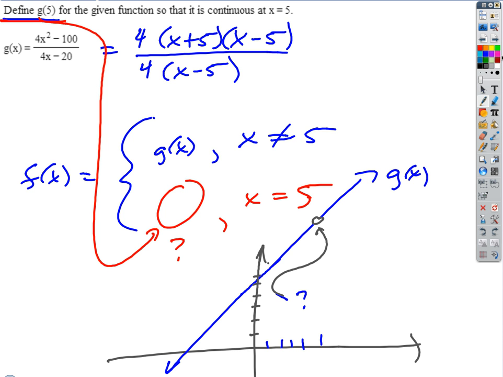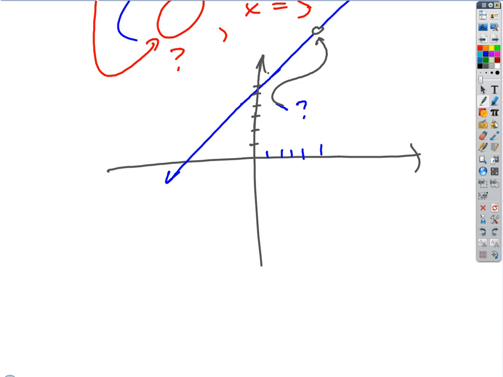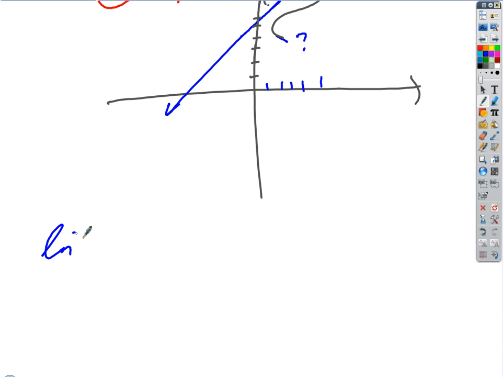What's that sound like? What are we doing? Finding a limit, sure, right? We want to find the limit of the function and give the function that value to fill in the hole. Where does the ant think he's going to step? So we would just take a limit, and we've already factored it. That's good.